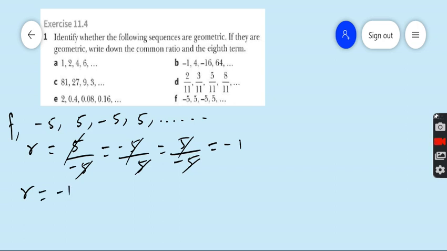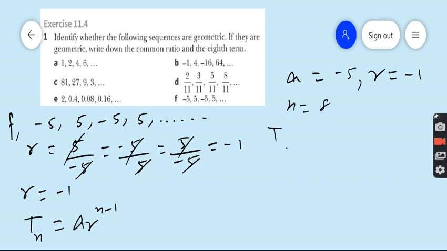So now we have to find the 8th term. The formula is Tn = a r^(n-1). Here a is minus 5, r is minus 1 and n is 8.